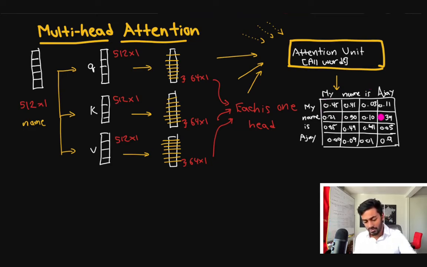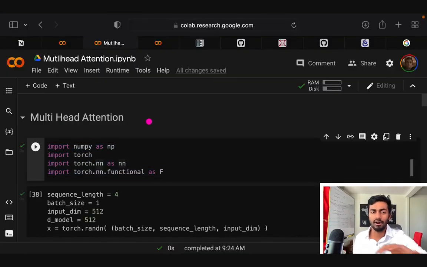Each of these rows will add up to 1 because it's a probability distribution. And there will be 8 such attention matrices, as we have 8 attention heads in this multi-head attention system. This then generates output vectors that are concatenated in order to generate a vector that has very good contextual awareness. Making this input word vector more contextually aware is the goal of this attention unit and this multi-head attention mechanism. Let's now code all of that out.